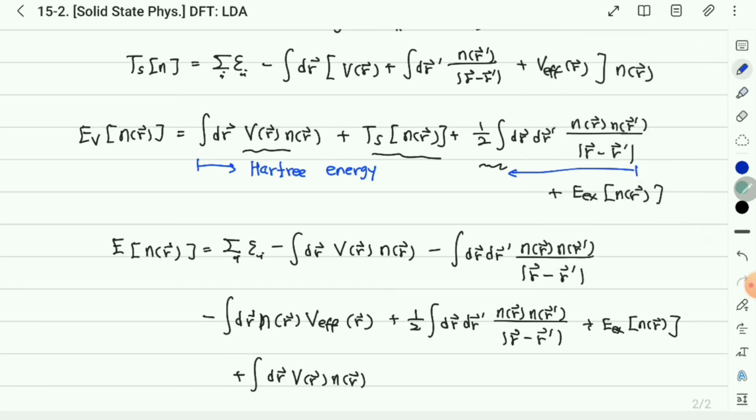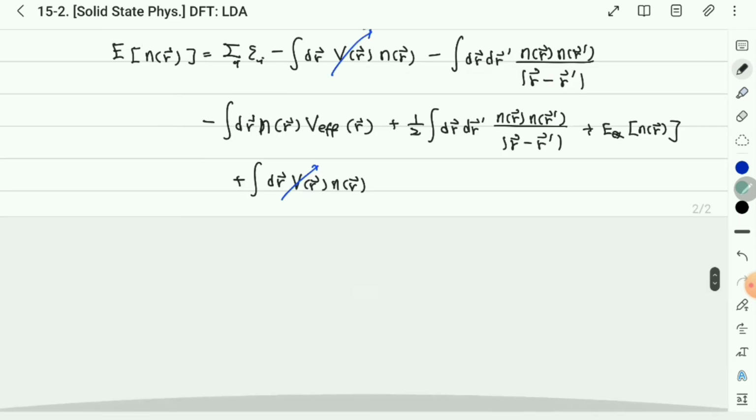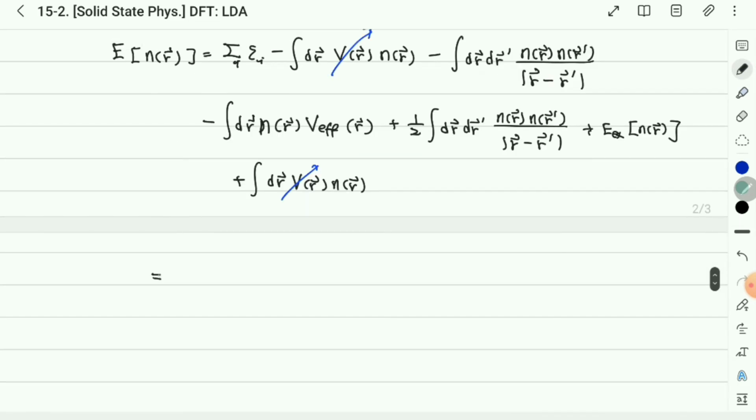From this, these terms cancel with each other. Therefore, let's summarize.